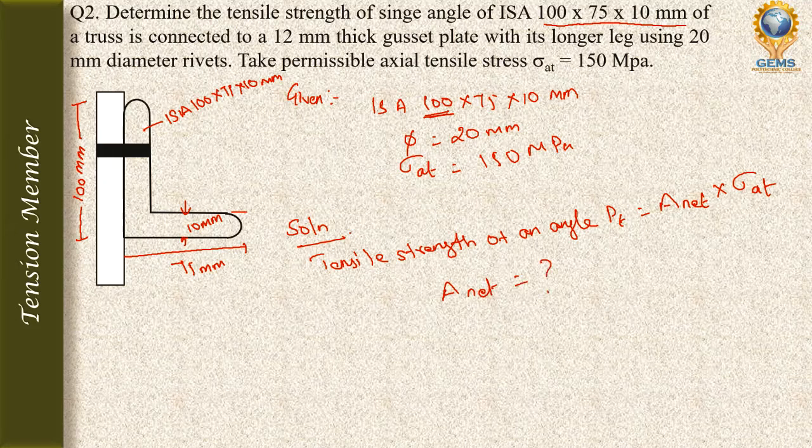It is a single angle section connected through a single leg. So the net area formula is A1 plus K1 A2. For finding A1 and A2 we need the diameter of the rivet. The diameter is equal to nominal plus 1.5, that is 20 plus 1.5, which is 21.5 mm.